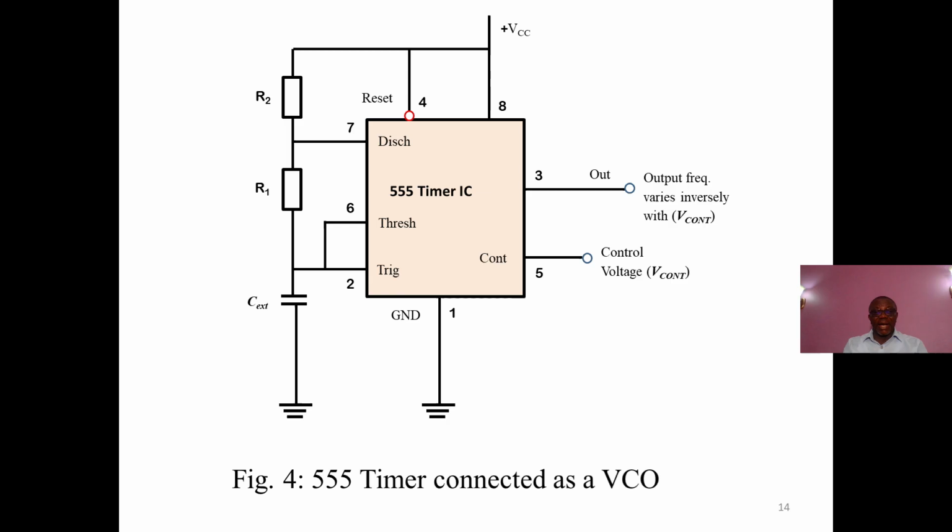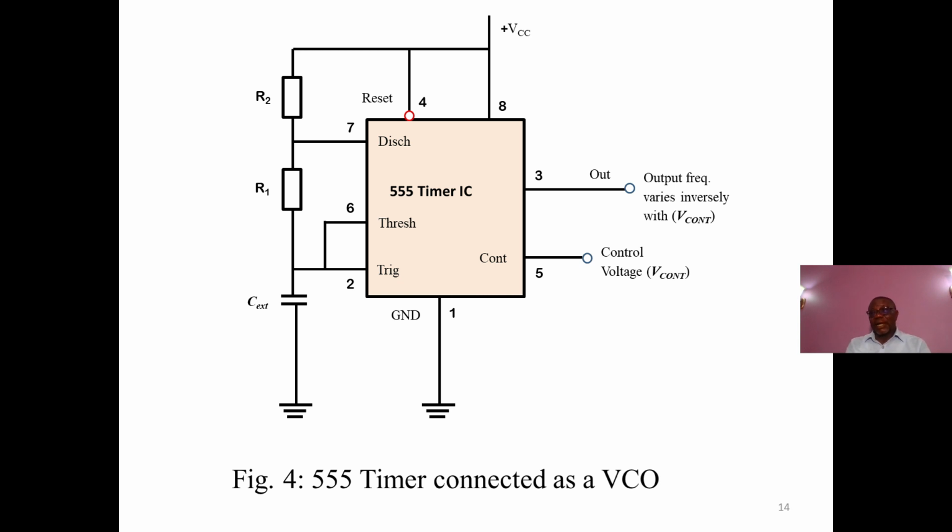When you apply it, it sets the VCC to start operation, but with the control voltage you are applying, when the upper comparator is at half the V control, whatever control you are putting, when it is 50% of it, it changes state. And when it is 100% of it, it changes another state.